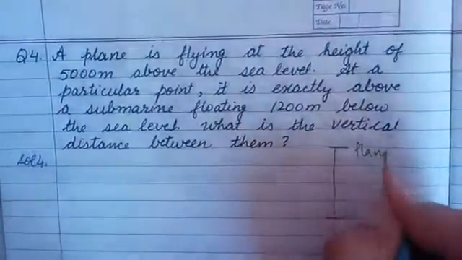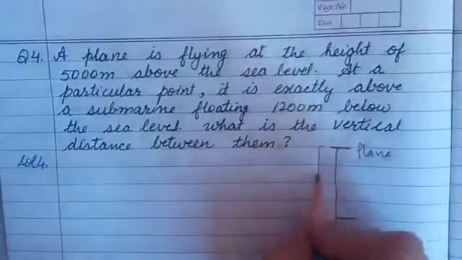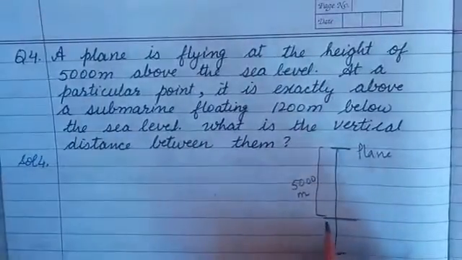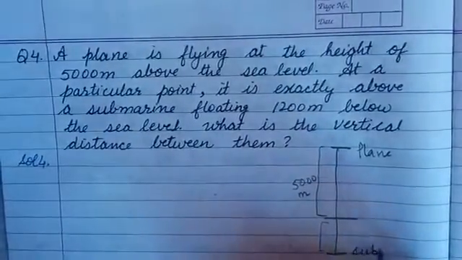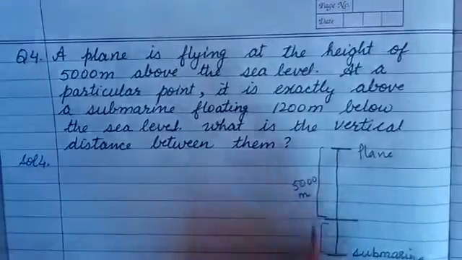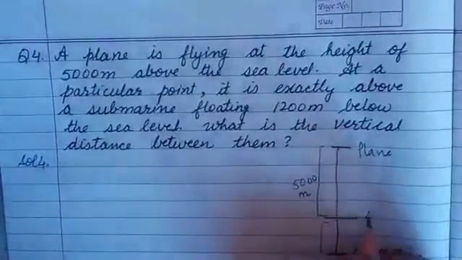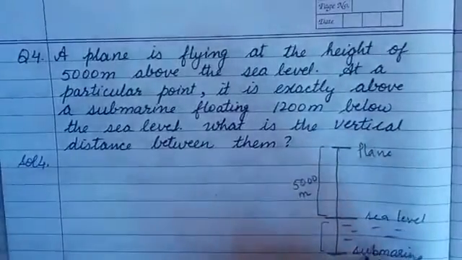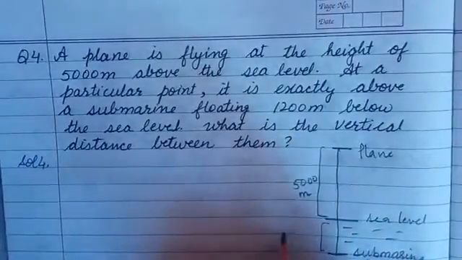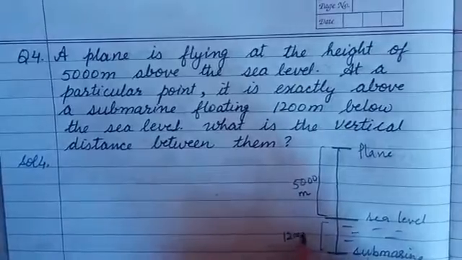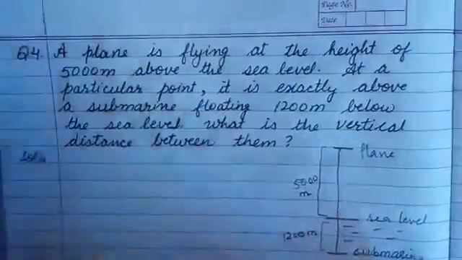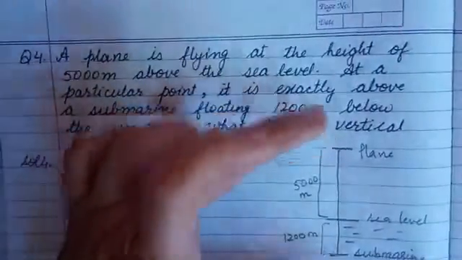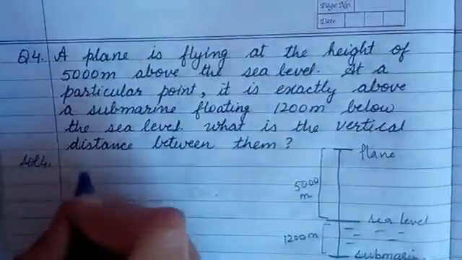Here, plane is flying at the height of 5,000 meters and submarine is floating below the sea level. This is sea level. Below the sea level, submarine is floating at 1200 meters. 1200 meters below the sea level. And we have to find the vertical distance between the plane and the submarine.